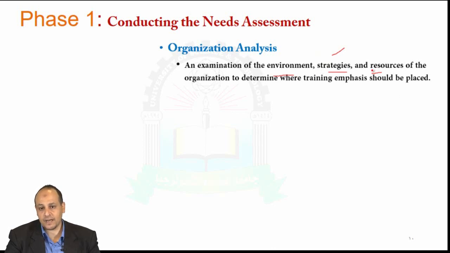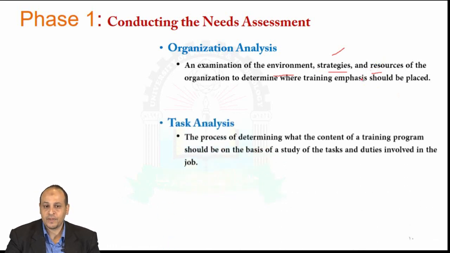Besides resources here, the kind of devices, appliances used, the premises, working condition together with the tools, all are important to consider in the training decision-making process. So this is the first one, which is about the organization.